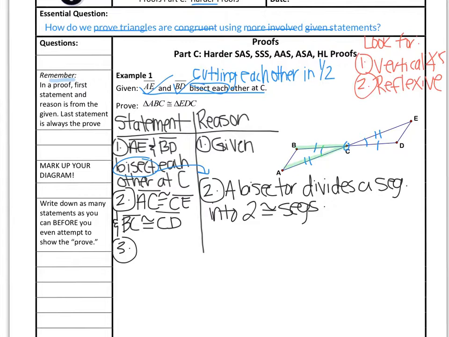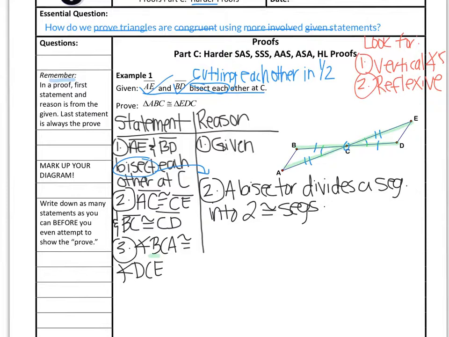So angle BCA is congruent to, now when I name my second angle, I have to start with the angle that corresponds with angle B. Do you see how angle D is the matching angle, if I rotated that triangle back around 180 degrees around point C, angle D would match up with B. So we're going to do DC, and then E would match up with A. So I'm going to say that BCA is congruent to DCE.